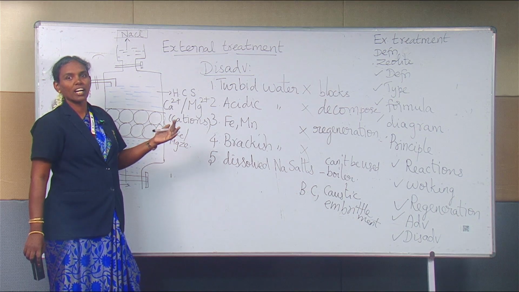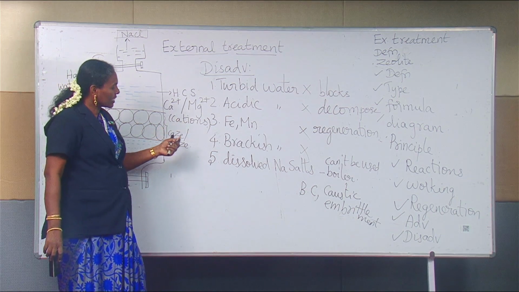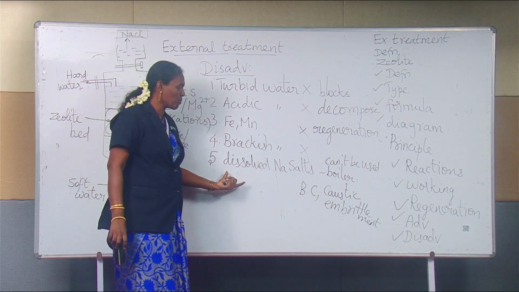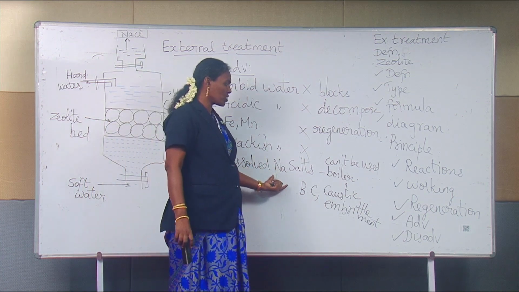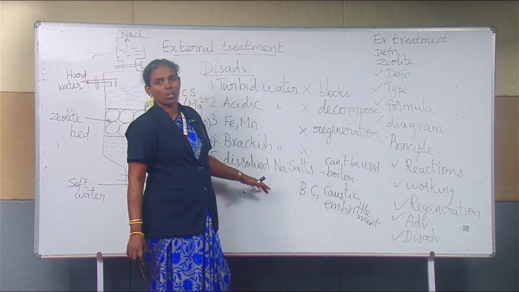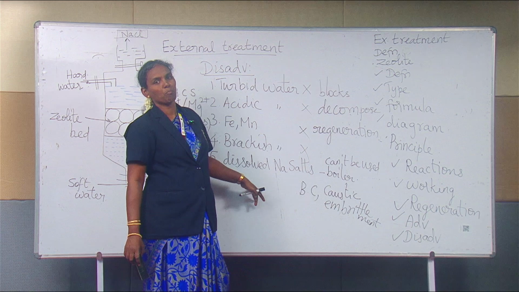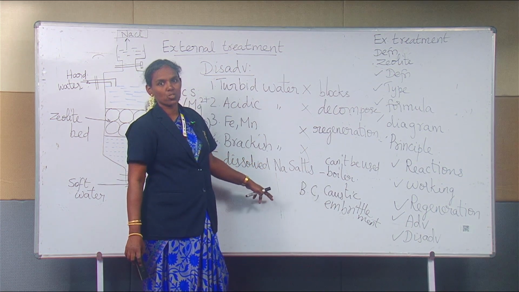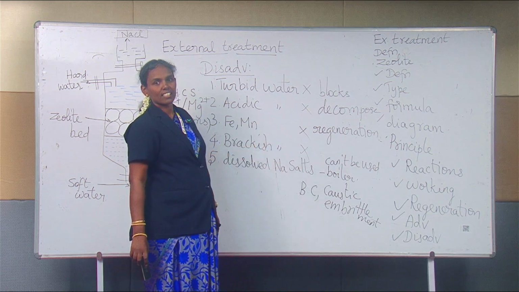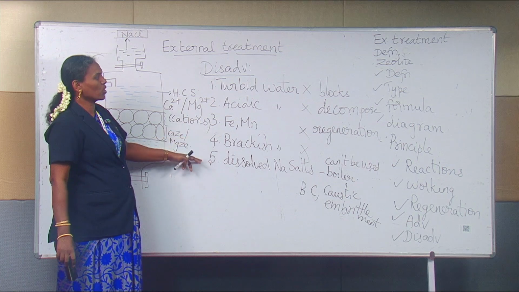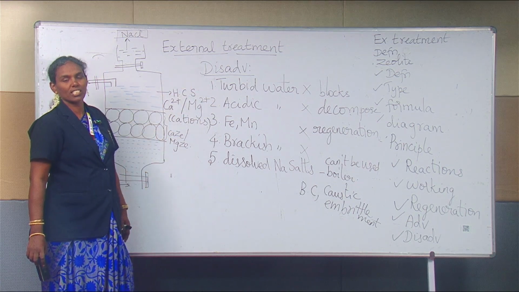So, there are no ions to replace, and the outcoming water from the zeolite bed contains a large amount of dissolved sodium salts, which does not cause any hardness, but this water we cannot use in the boiler. Suppose you use it, it may cause boiler corrosion and caustic embrittlement. Okay, so these are the 5 disadvantages of using this method.